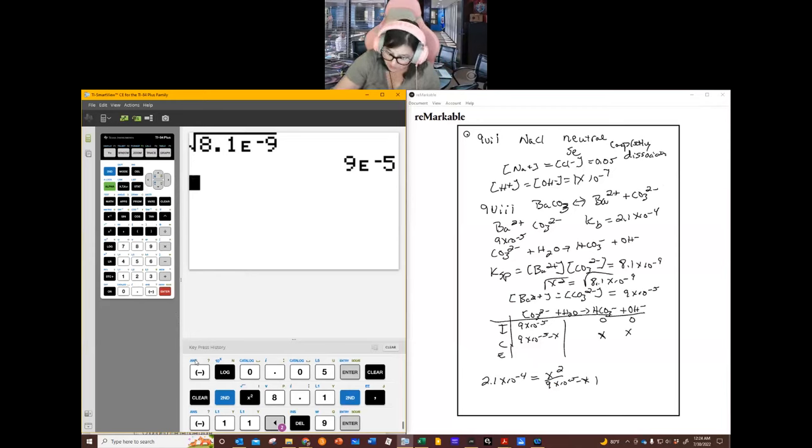And if I set up all of my happy math, I end up with x squared minus 9 times 10 to the minus 5th x. Ooh, sorry, wrong one. See, this is what happens when I do too many things. 2.1 times 10 to the minus 4th times the minus x. So when I move that over to the other side, I multiply it over here, it's still negative.